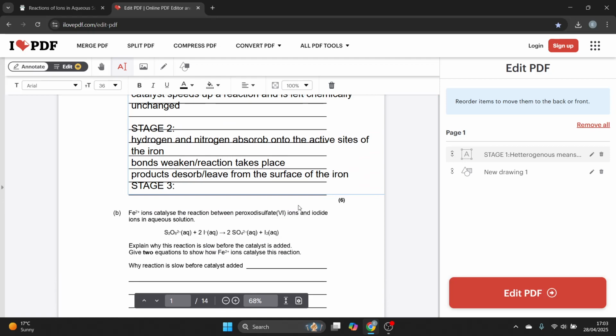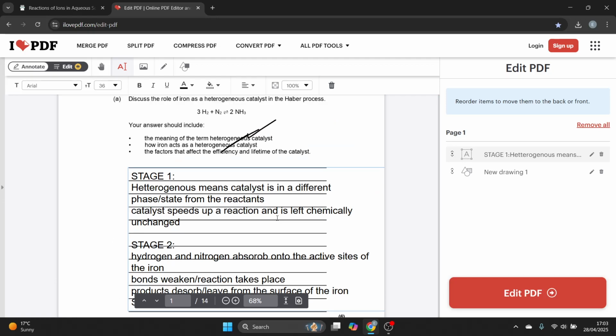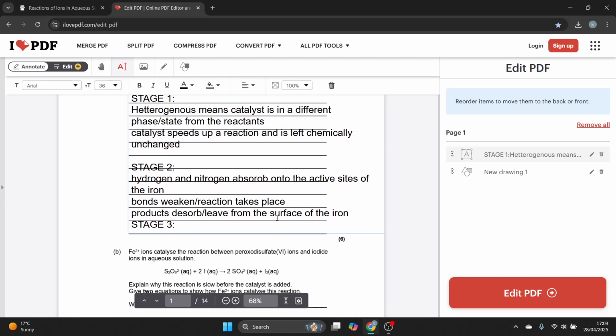Stage 3. What was stage 3? The factors affecting catalysts. Well, a large surface area of iron by using powder. The catalyst can also be poisoned. The catalyst is poisoned when sulfur binds to the catalyst, hence active sites are blocked.